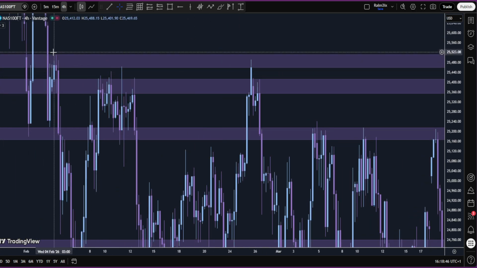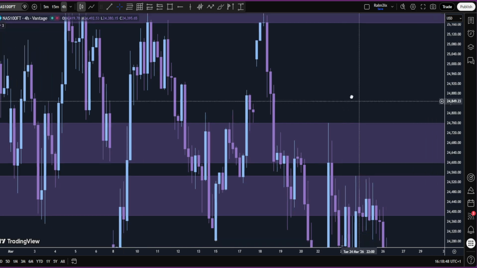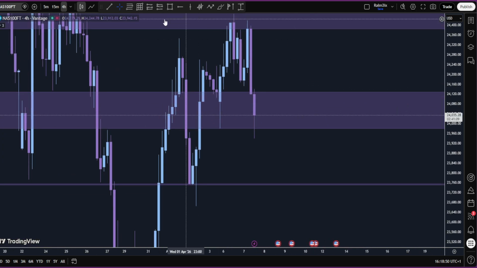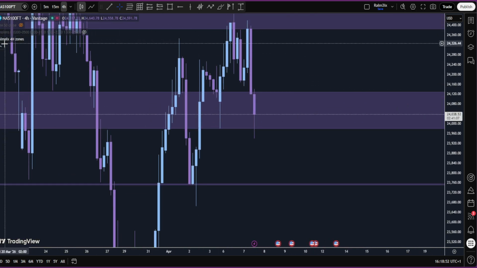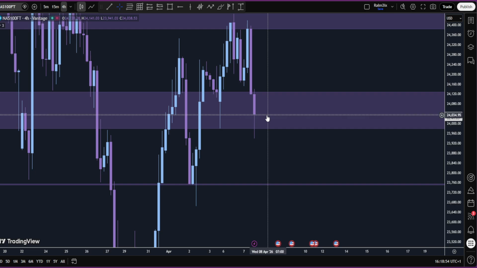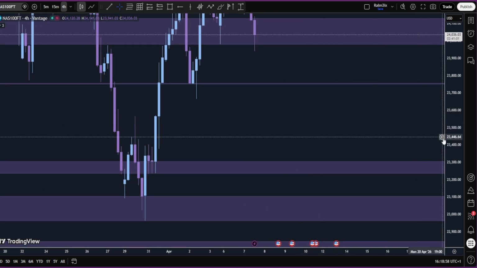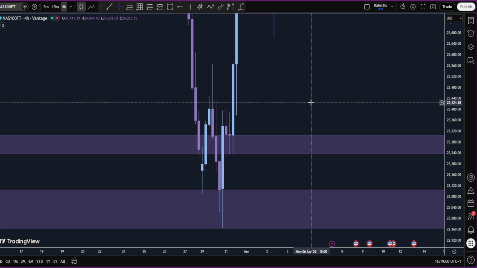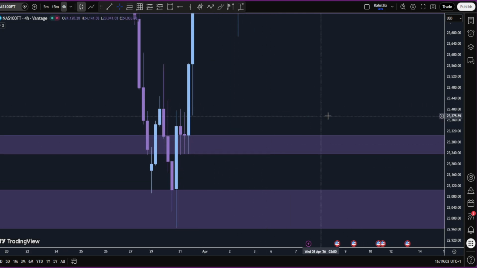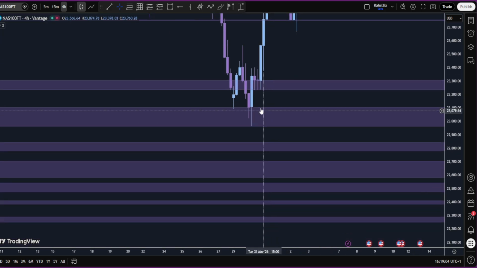So with this indicator, you will always have the same zones as me. You never go wrong again after this indicator because it's showing perfectly.